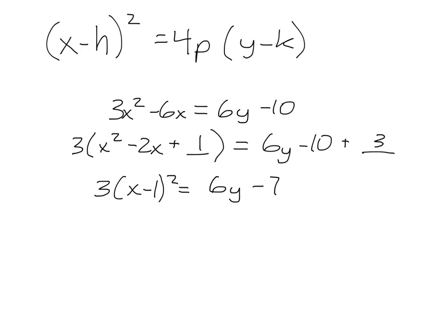Now, if we look back up here, we notice that the y is just by itself. So to get this equation down here to look like that, we have to factor a 6 out of this side. So that'll look like this: y minus 7 over 6.